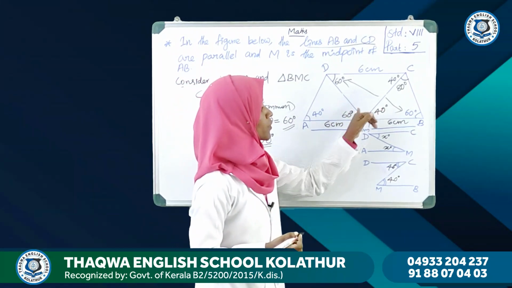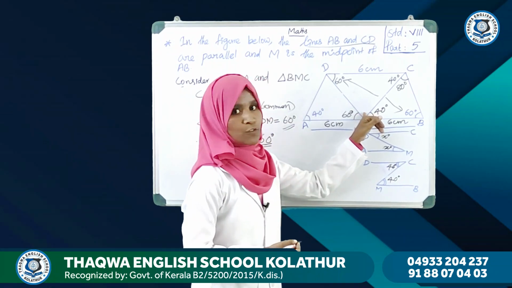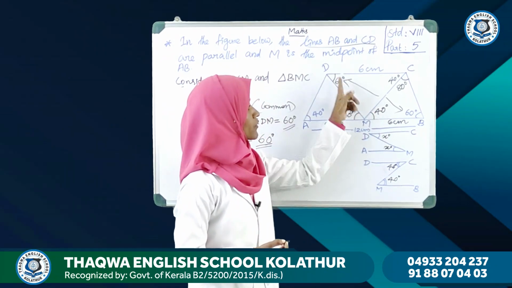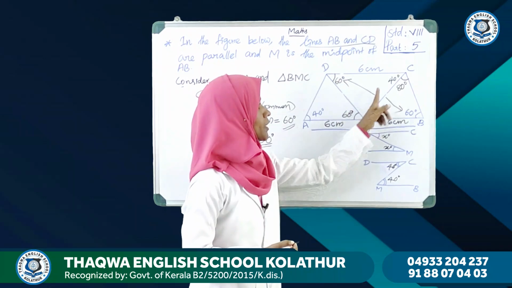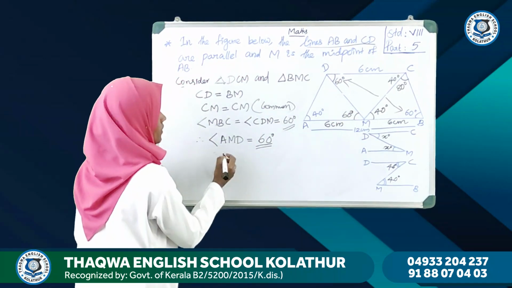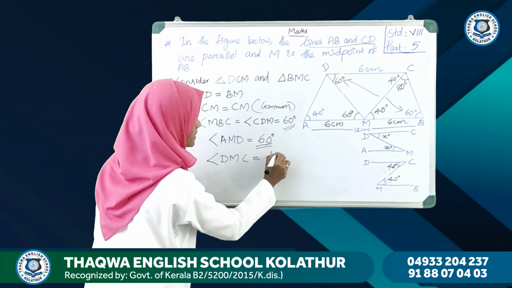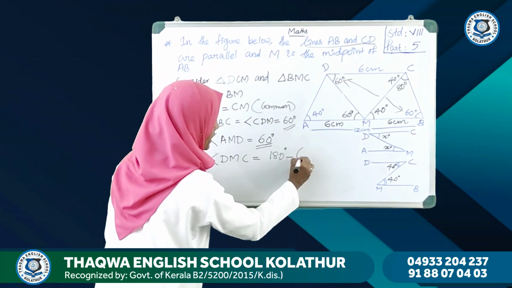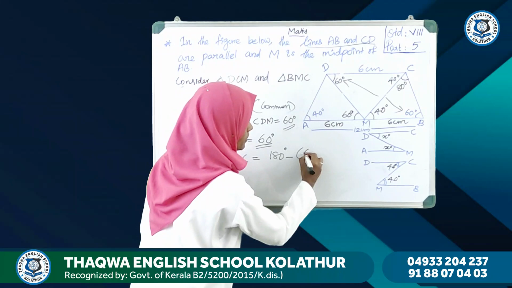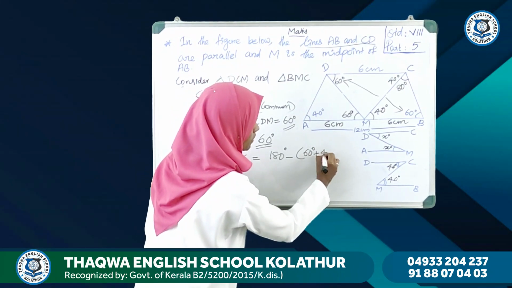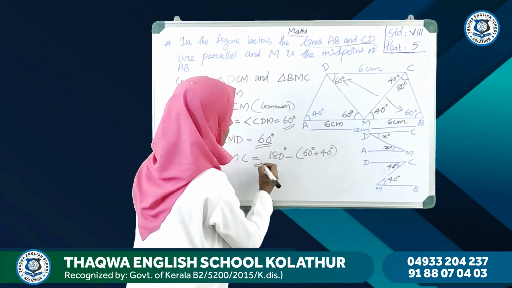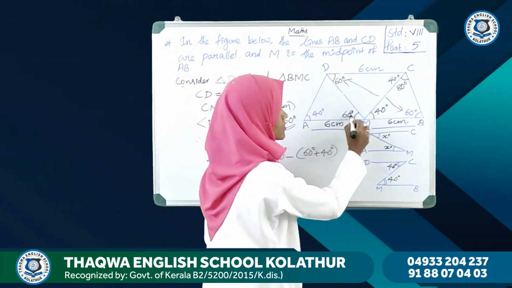Now we can find out the third angle from this triangle. How can we find out? Angle DMC. Angle DMC equals 180 minus 60 plus 40. What is the reason?